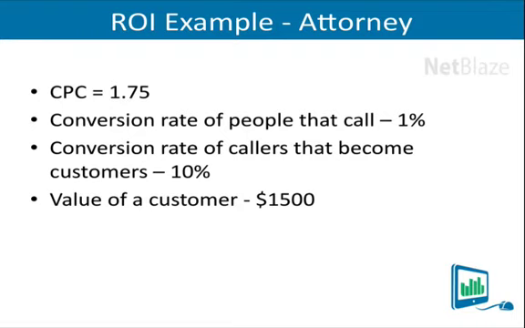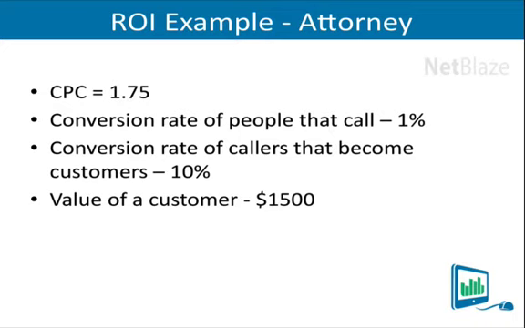And then out of the people that actually call us, maybe 10% of those become customers. And that seems reasonable, right? Because obviously if they've gone to the trouble of seeing the website, deciding to call, making the call, probably a larger percentage of those will become customers. And these are not crazy numbers. Obviously it's different for every single company, for every single vertical, and all that kind of good stuff.